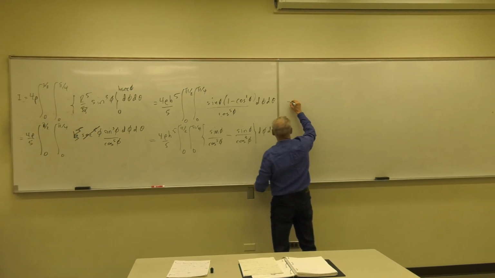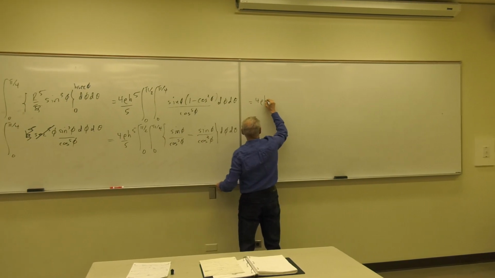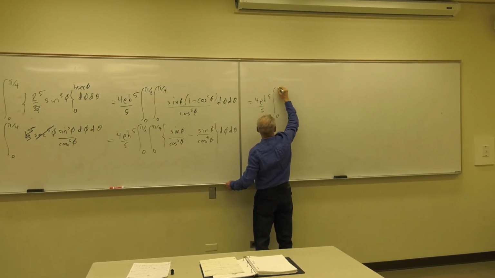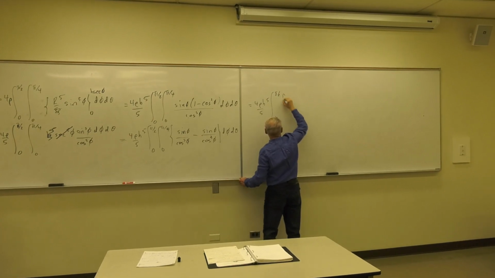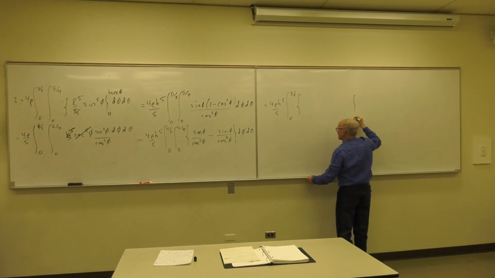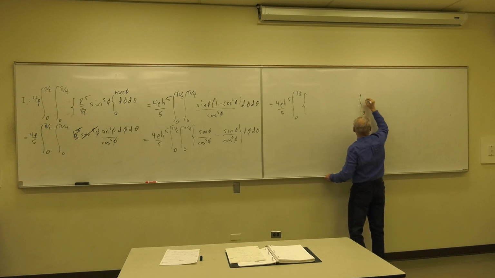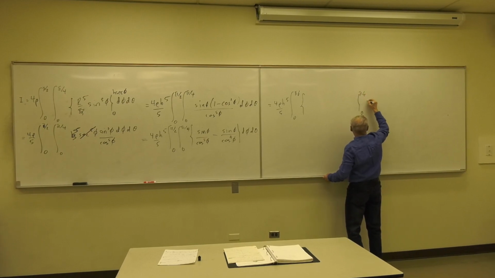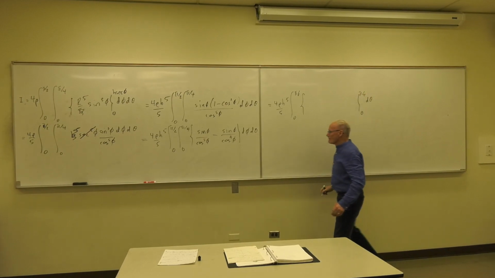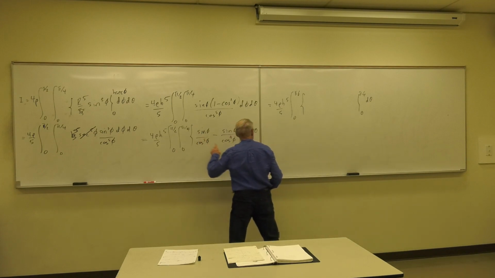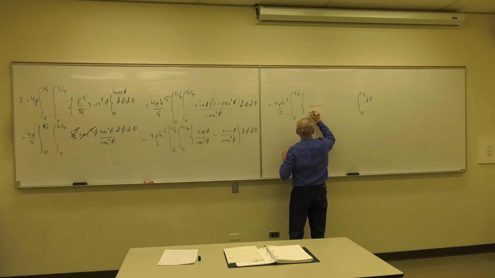Equal them: 4 rho h to the fifth over 5, 0 to pi by 2. Antiderivative in here, yet to go in then 0 to pi by 4, and an integration with respect to theta. Antiderivative of this, to me, is going to be cos to the fourth in the bottom.